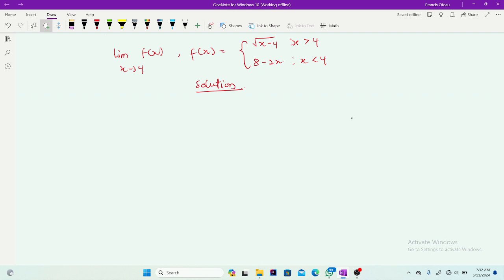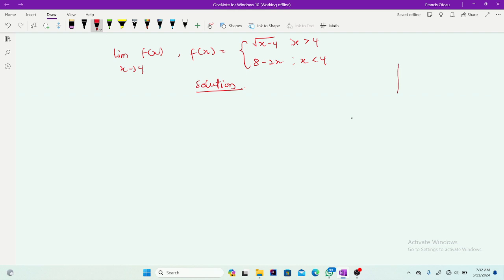Take note, as we are getting closer and closer to 4, our functional value will be approaching a certain number. So the highest we can approach is when we are at the 4 point itself, okay? Now, the one condition of limit is that if I approach 4 from left and right, it should give me the same answer, okay?